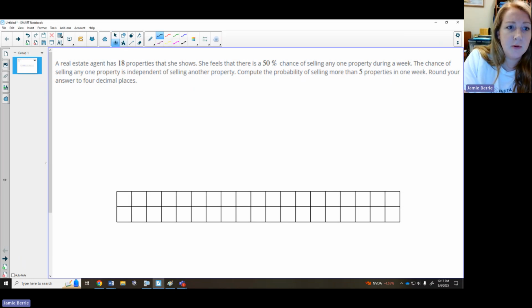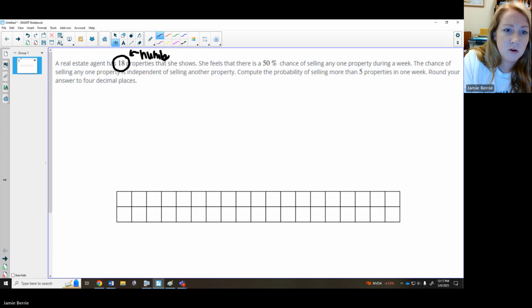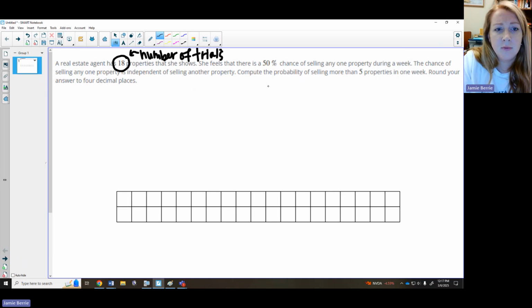All right. So we've got a couple of things here that tell me that this is binomial. We've got a total of 18 houses or properties that she's selling. So that's our number of trials. Every house is a trial. The probability of selling a property is given to you in this problem.